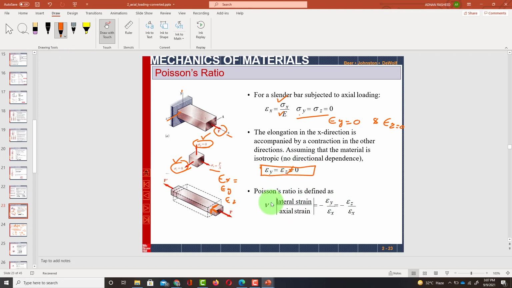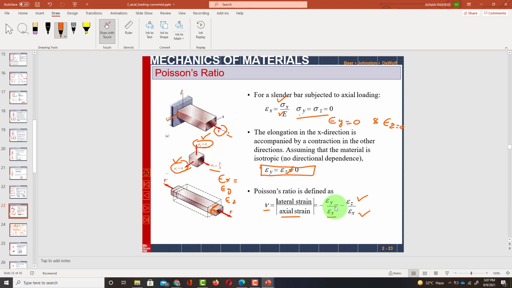For that we know the Poisson ratio. Poisson ratio is lateral strain divided by axial strain. Lateral strain along z direction is minus epsilon z, normal axial strain is epsilon x, and lateral strain in y direction is minus epsilon y over the axial strain.